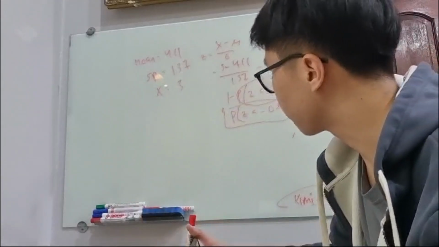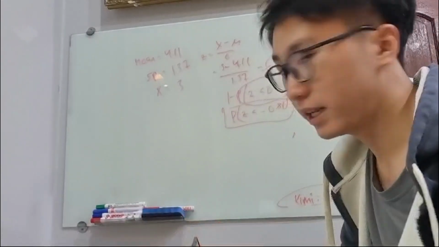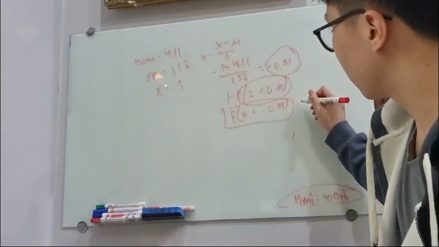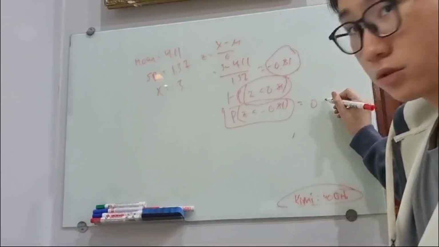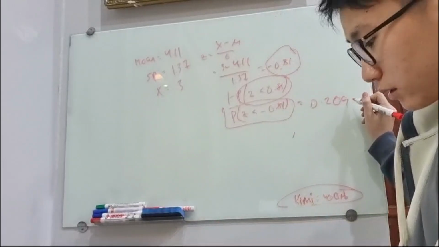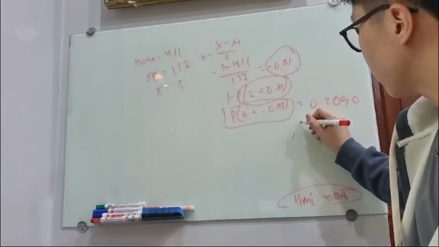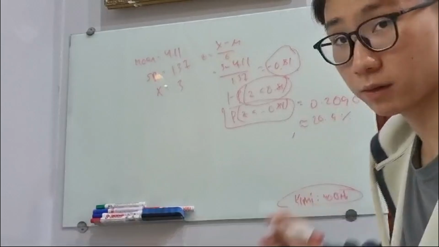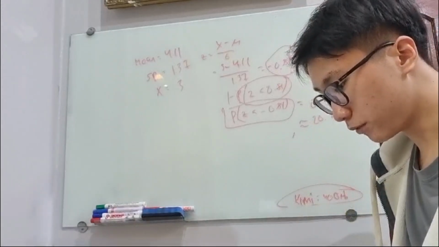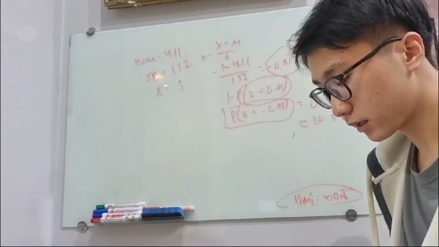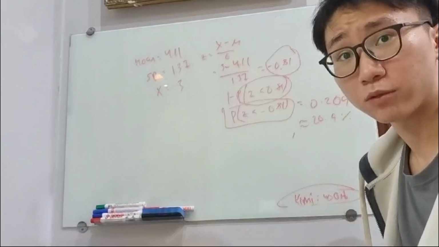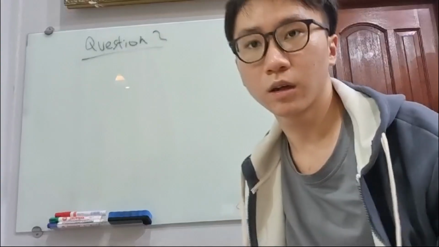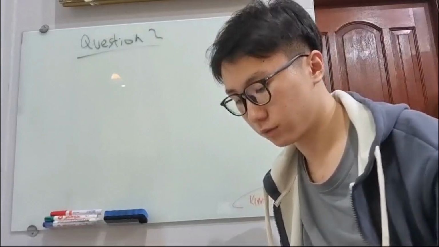P of z less than minus 0.81, and we get an answer of 0.2090, otherwise known as 20.9%. That is the probability of the customers of the movie theaters spending less than $3 on concessions. Moving on to question 2.